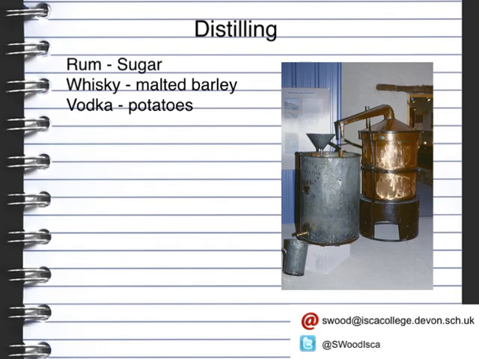Now the reason why you can't ferment this in the first place is because if you have a high concentration of alcohol, the alcohol actually poisons the yeast, so it actually kills the yeast to prevent any more alcohol from being produced, which is why you have lower concentrations for beers and wines than you do for spirits, because you can only distill the spirits and you can't actually produce the high concentration of alcohol.